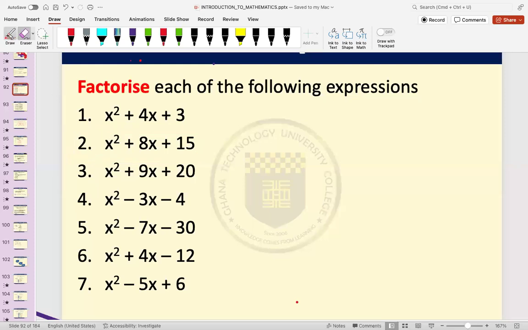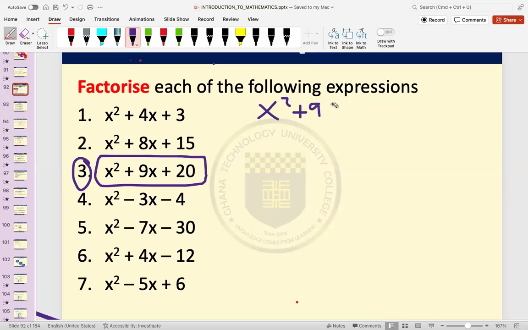So let's look at the third one now. This is the third one. X squared plus 9x plus 20. We kick off with step 1. Step 1 says look for the coefficient of x squared and then multiply it by the constant term. So we have 1 here. I put my 1.